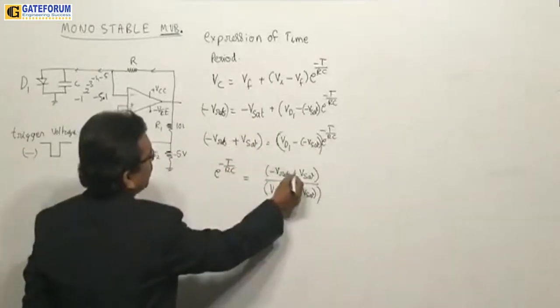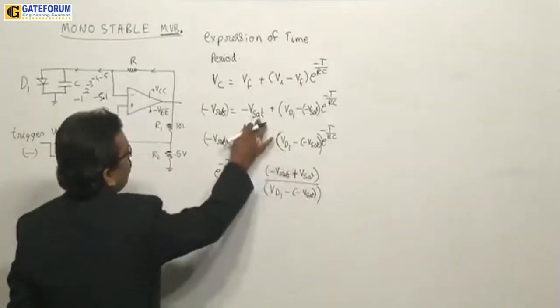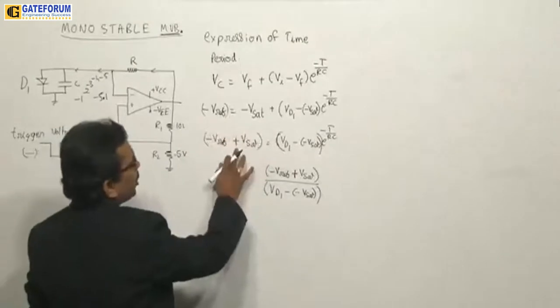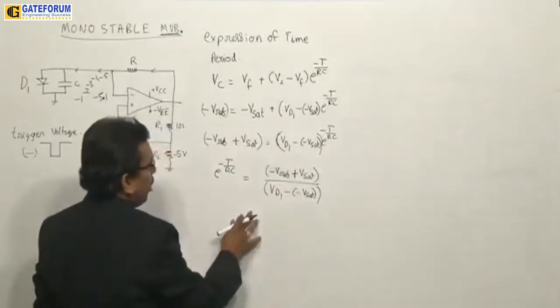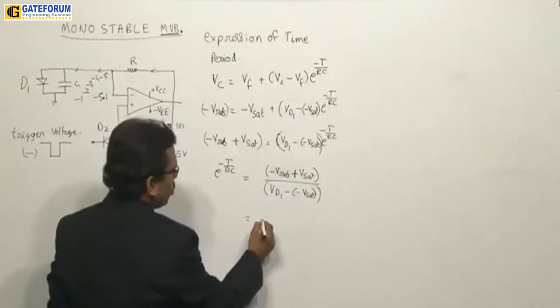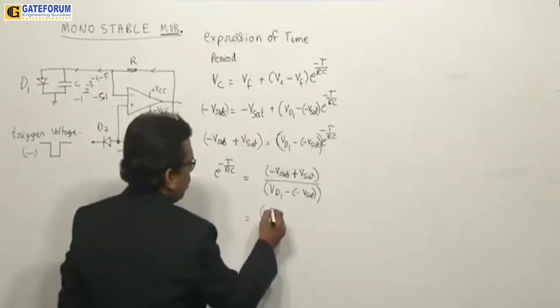I am sorry, when you turn this side, this is plus here, this is plus here. When you bring this minus Vsat this side, it is plus here, and here it is plus here. Fine.